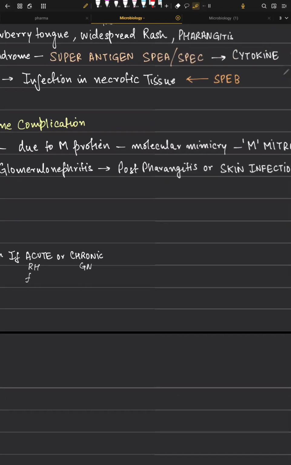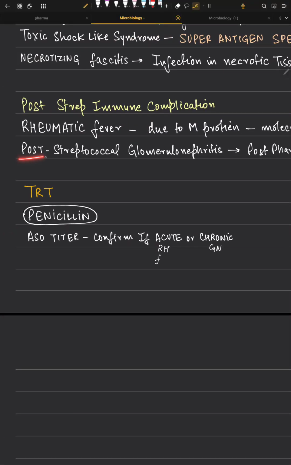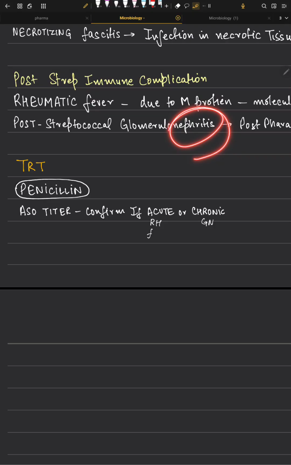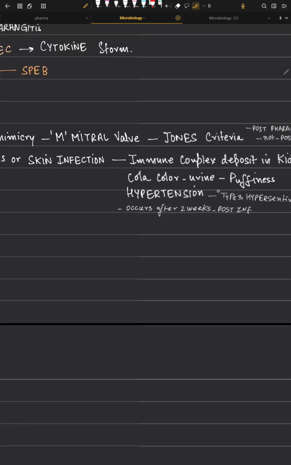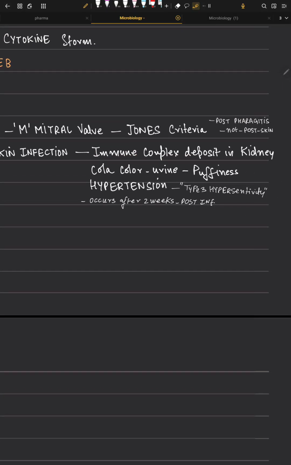What happens after a skin infection is post-streptococcal glomerulonephritis. Again, it's a nephritic syndrome, not a nephrotic syndrome, so a lot of blood loss happens here. A lot of immune complex deposition happens in the kidney, and the color of the urine is cola color.